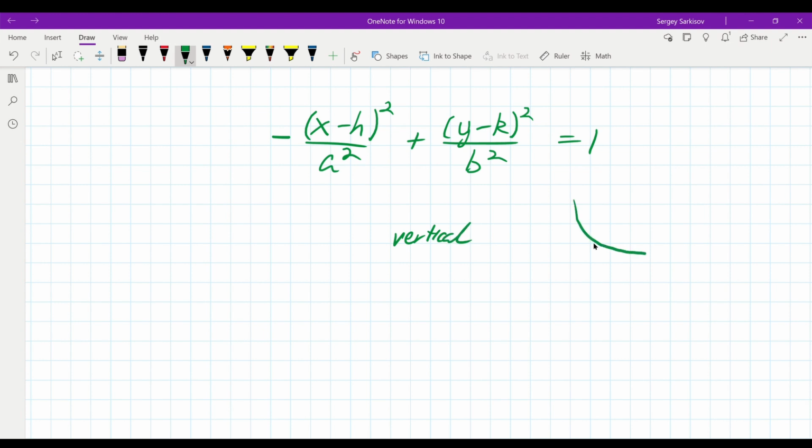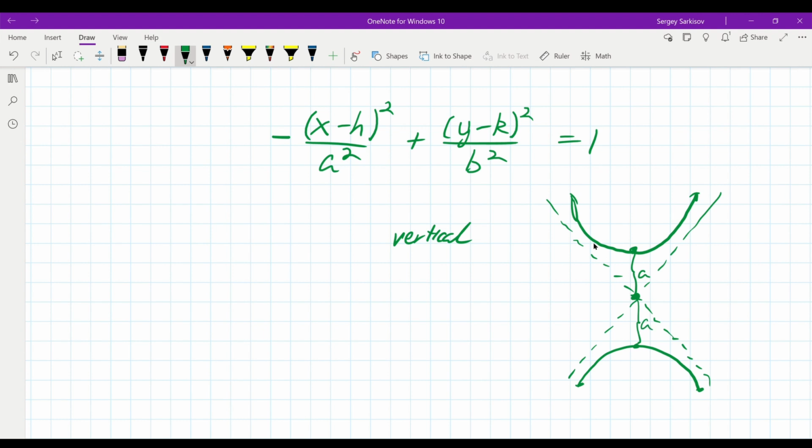So it will look like this and that. I'm trying to show you a little bit what's going on here. Those are the slant asymptotes. You have right here the center. This is going to be A. You have this point and this point.